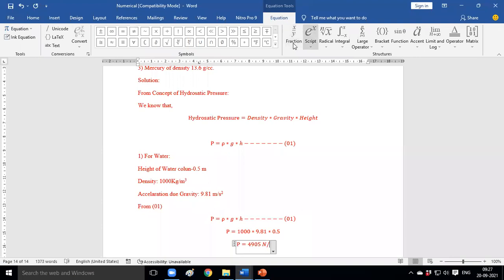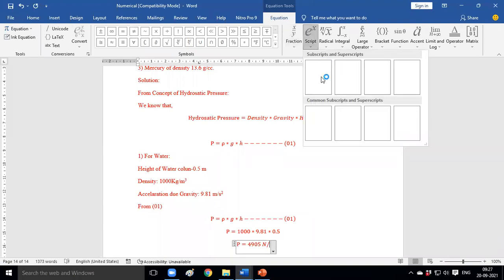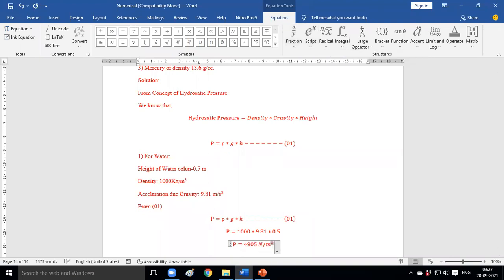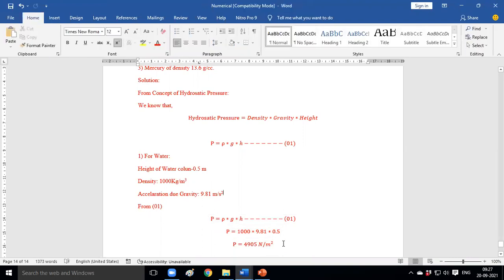Keep in mind, the unit of pressure is Newton per meter square. We already discussed the various units of pressure and their conversion. This is the pressure exerted by 0.5 meter of water: 4905 Newton per meter square.